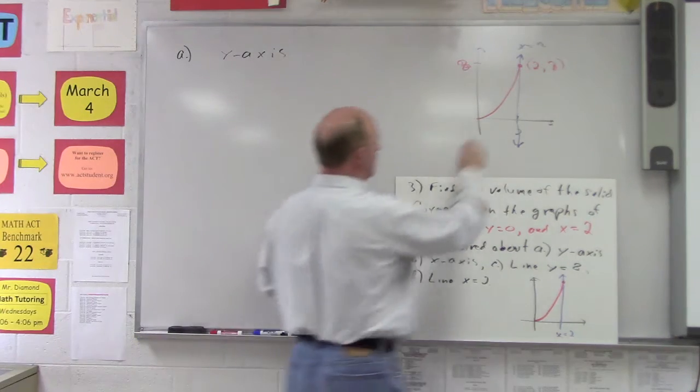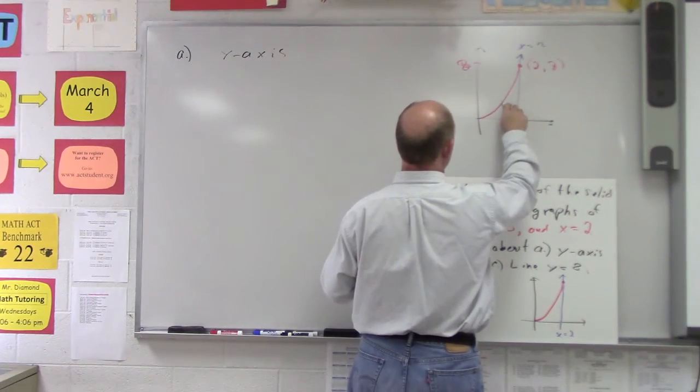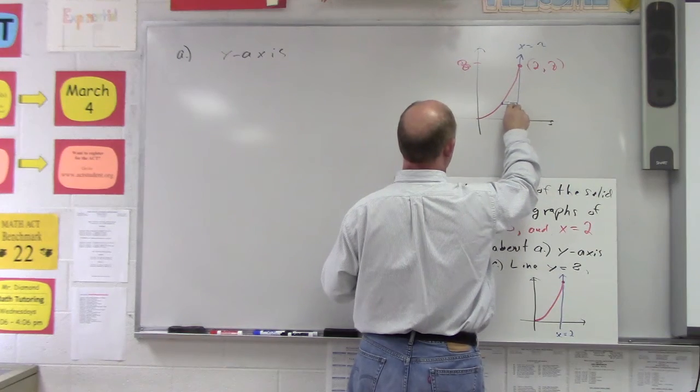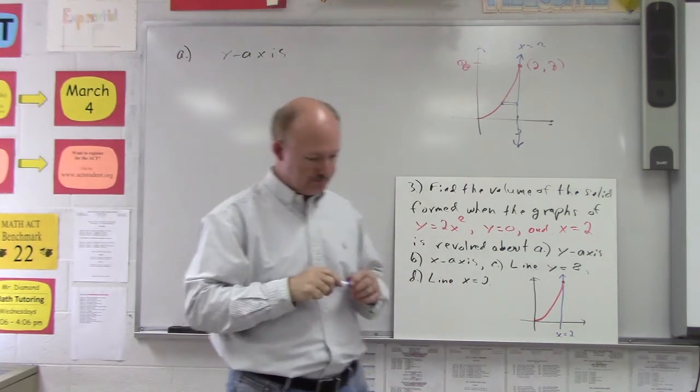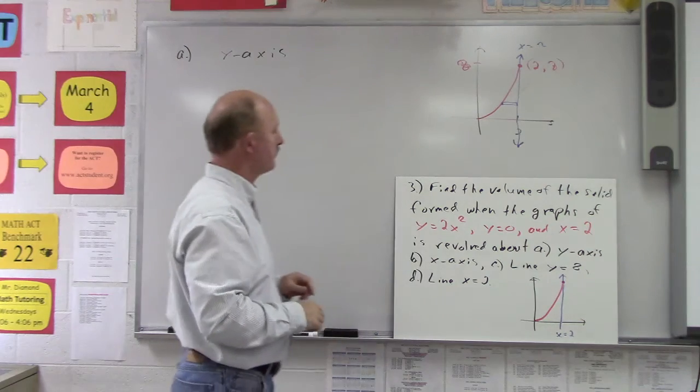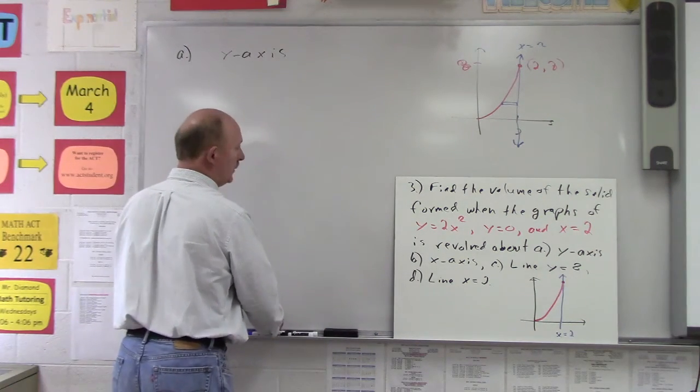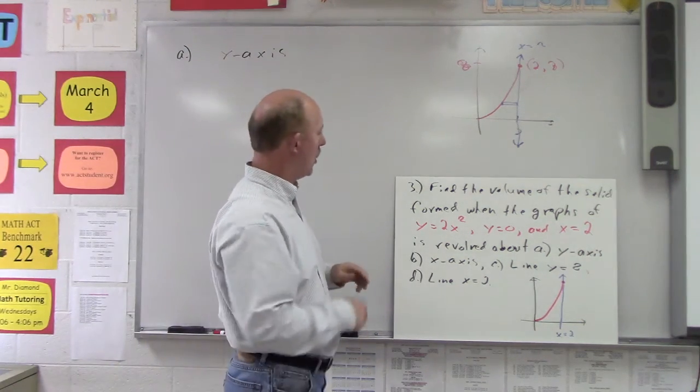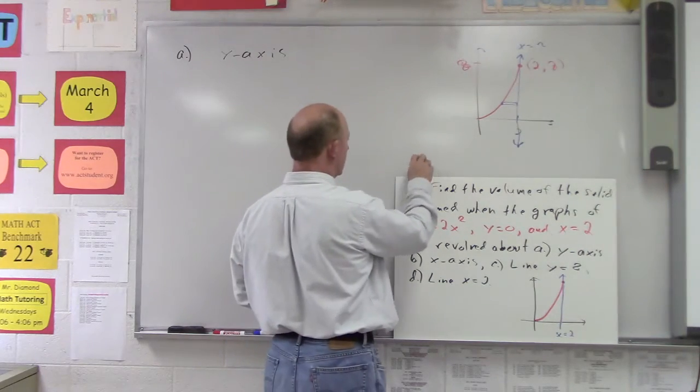Let me sketch our representative rectangle in here, revolving this about the y-axis. Let's see if we can describe big R and little r. Big R first.